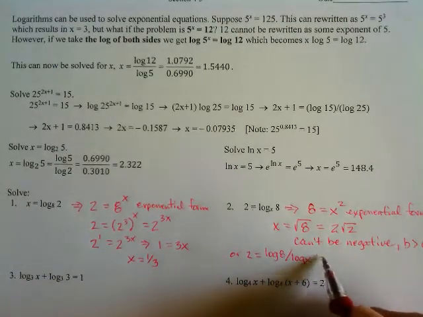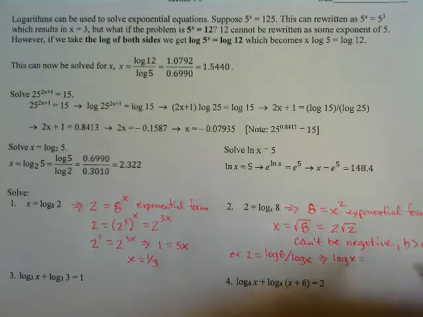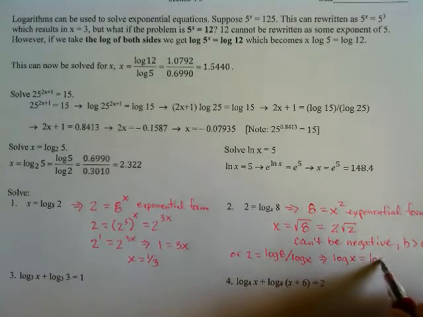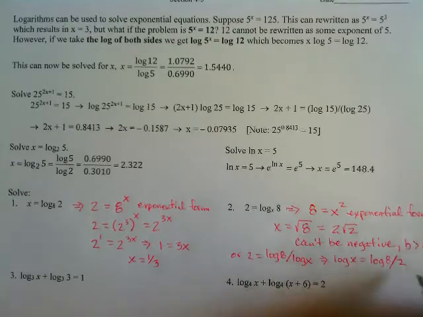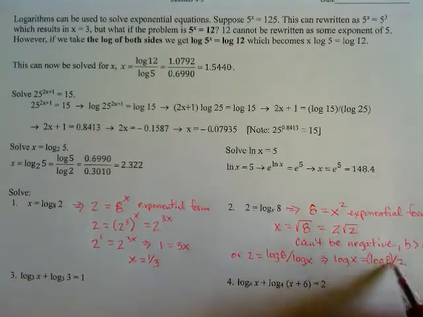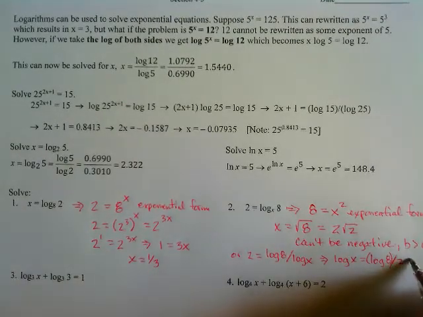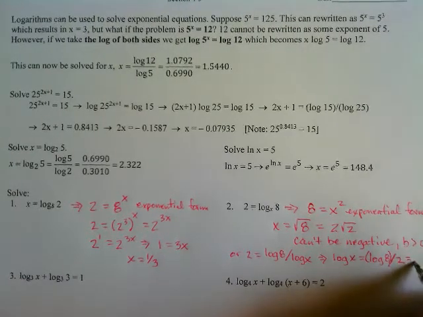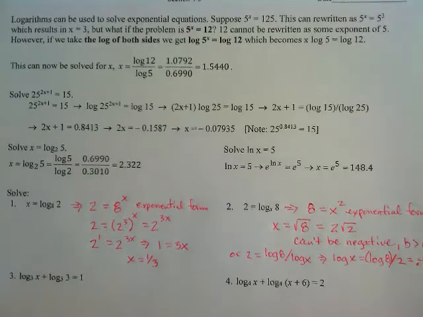And then rearrange that to have log x equals log 8 over 2. The 2 is not part of the log, so it's really log of 8, and then divide that by 2. That we can use our calculator for and find that that is 0.4515.